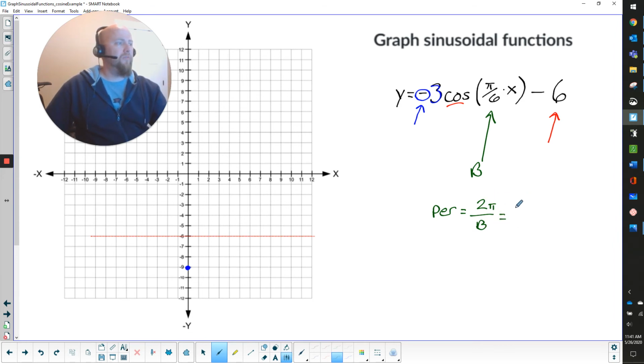That fraction, in this case b is pi over 6 inside of the cosine.